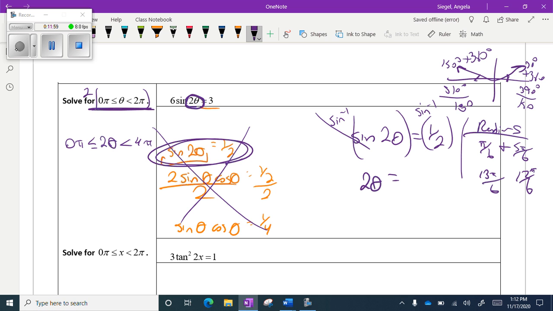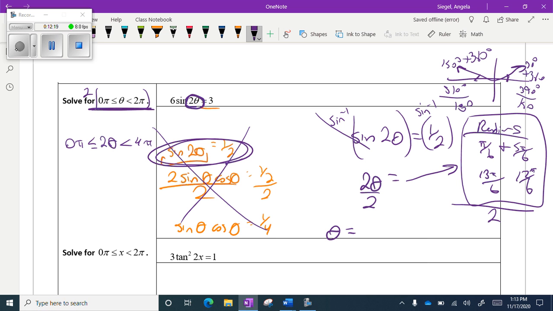So these are my 4 radian measures. I have 2 theta equal to all of these. But I'm going to have to get it down to, I keep saying pi, I'm so sorry, 2 theta equals all those. So I have to get it down to theta. So I'm going to divide everything through by 2.